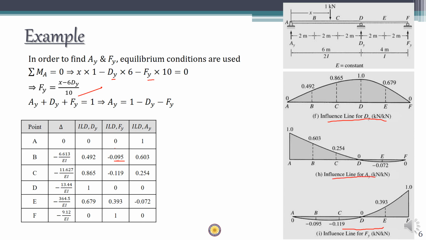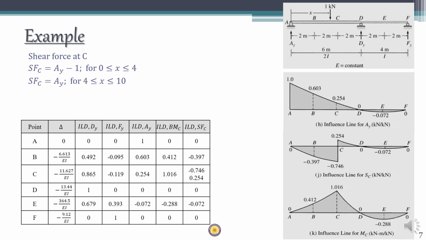Okay, the next step is you have to find the shear force at C. So what you have to do is draw a section at C and derive the equation for shear force at C. So initially you can say that when x is less than 4 meters, x varying from 0 to 4 meters, on the left hand side you have both the forces ay as well as 1 kilonewton, which means that shear force is going to be ay minus 1, right?